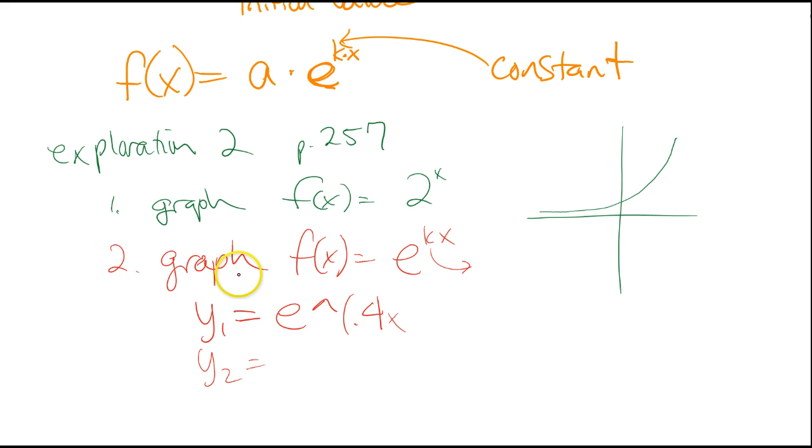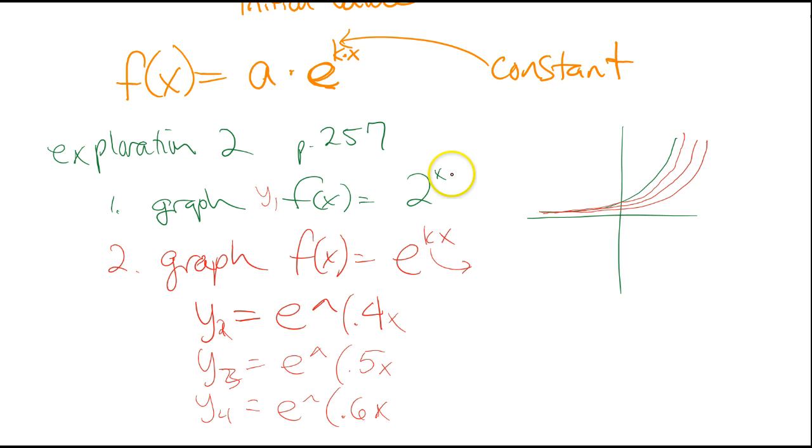So 0.4, there's y1. Oh, sorry, this would actually be y1. So this is y2, y3, e to the 0.5x, and y4 would be e to the 0.6x. And so as you keep going, you see that these graphs are sort of stretched out like this, and then they're getting closer and closer to this graph right here, 2 to the x.